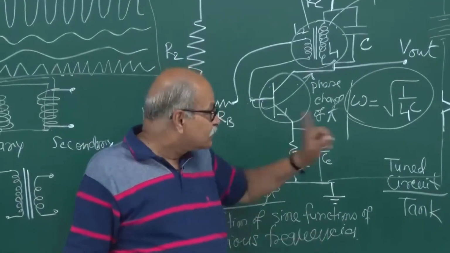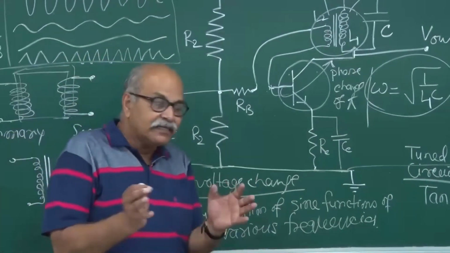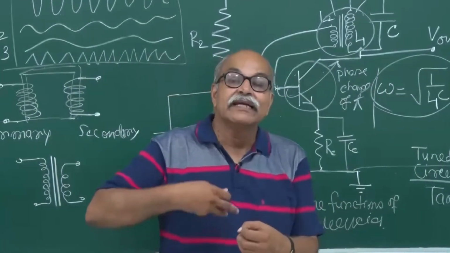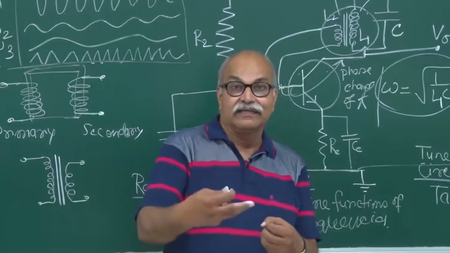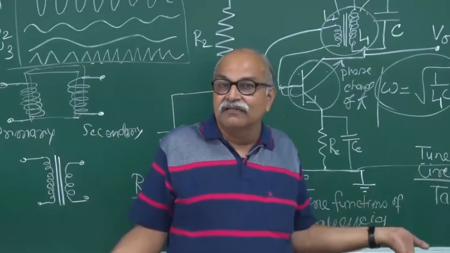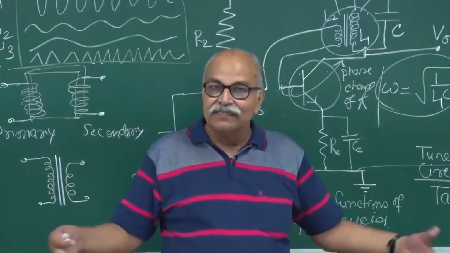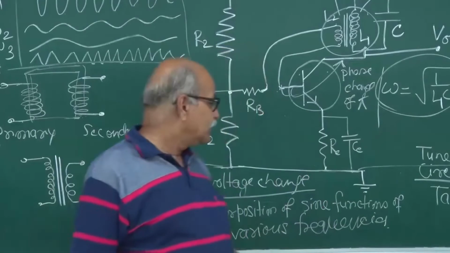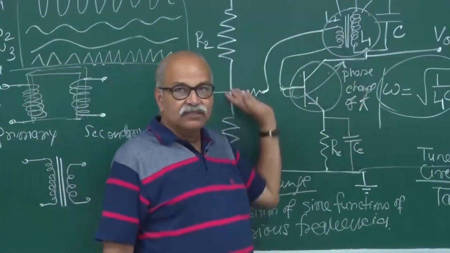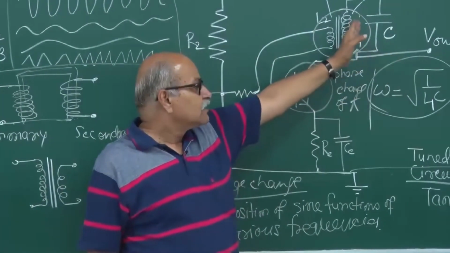So it selects its own frequency out of the many frequencies there, and that component gets enhanced again and again, and the remaining die out. After a very short time, the other components all die out, and finally there is only one component, and then you have your cycle.